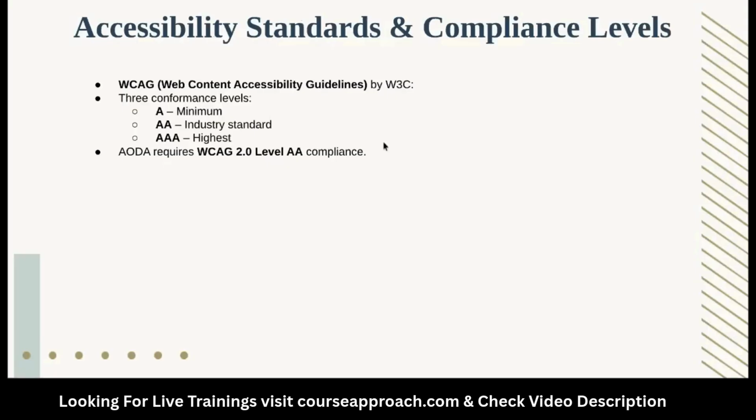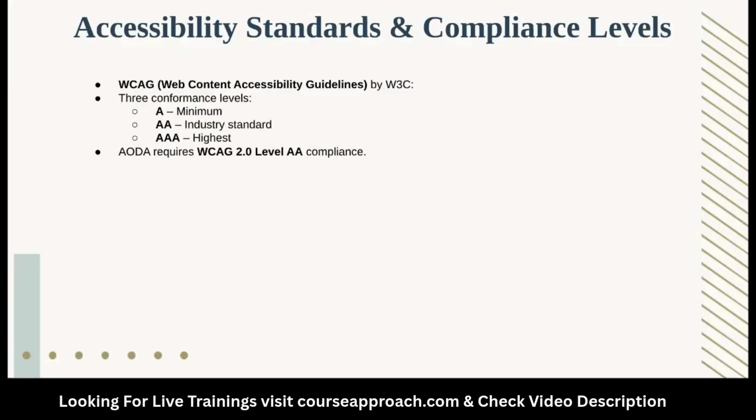Next, we are going to see accessibility standards and the compliance levels. So, in WCAG, under those four principles, we have levels, with triple A the highest. Let's discuss each one clearly. These are just levels. We have A, the minimum level.